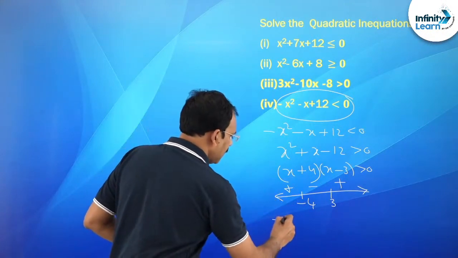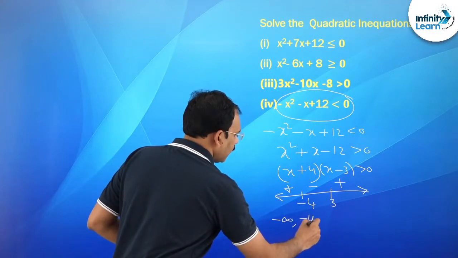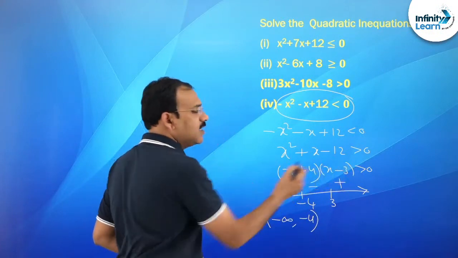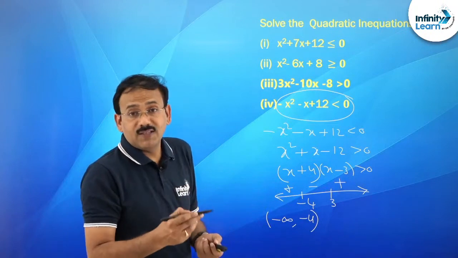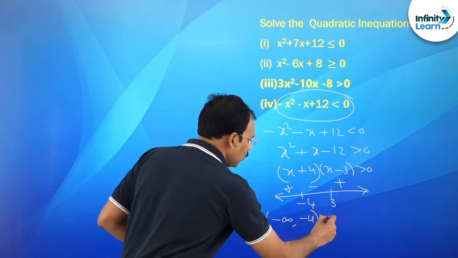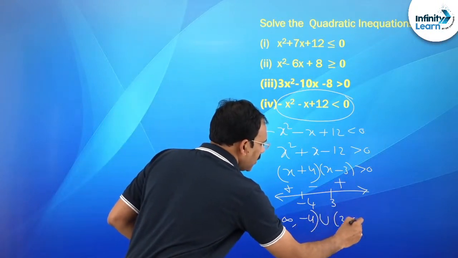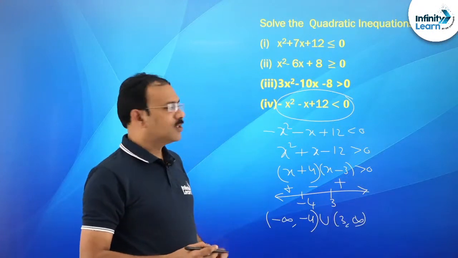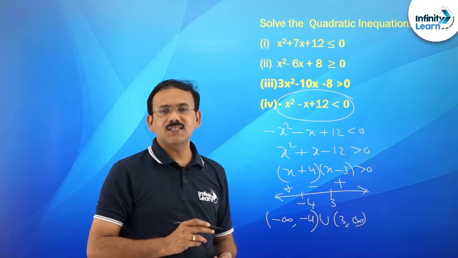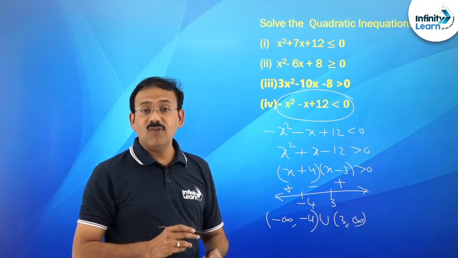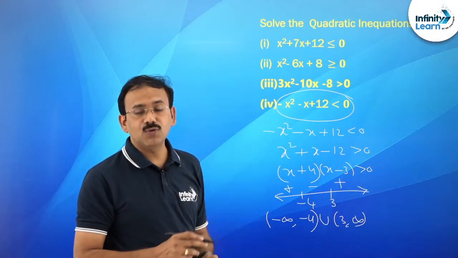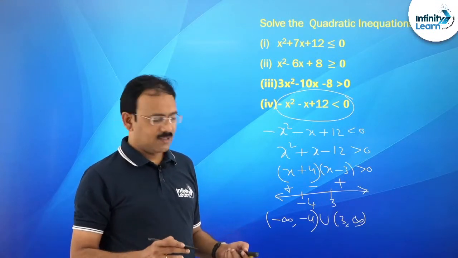So I can take minus infinity to minus 4, open interval, because equality is not there, I do not want where this expression is 0, union 3 to infinity, that is all. So in this way you can easily solve a quadratic inequation which can be resolved into two linear factors, right.